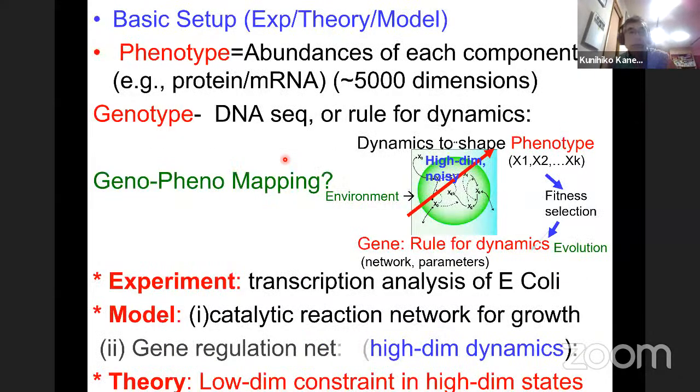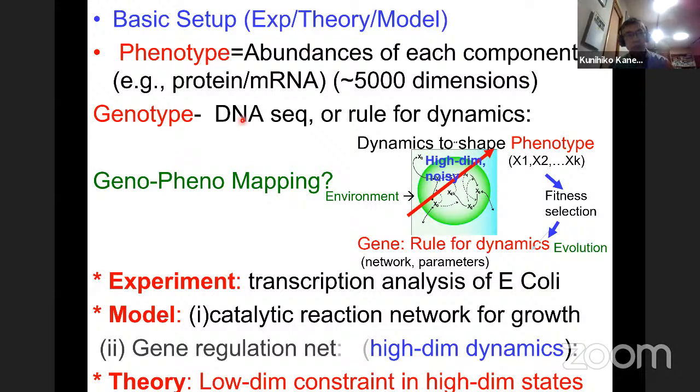The basic setup for this study is that we consider, for example, a cell, and in a cell there are a huge number of components. For example, in bacteria there are about 4,000 or 5,000 messenger RNAs or corresponding protein species. That's a phenotypic space, so very high dimensional.